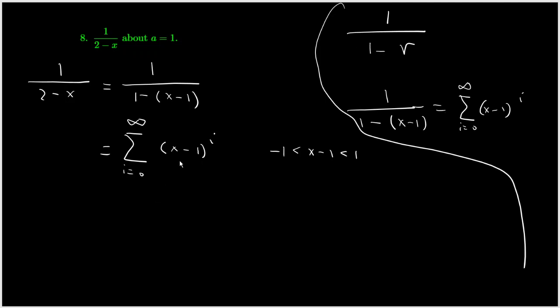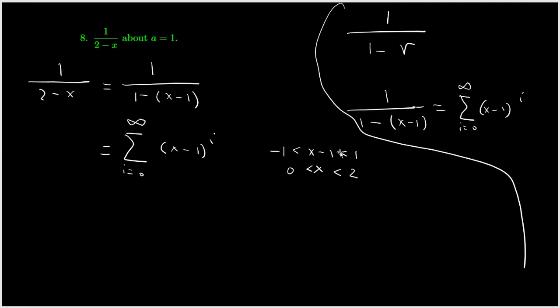That's the answer to the question. So that's the final form. But a little bit of additional work you need to do is to get the interval of convergence. This inequality is the same thing as x being in between 0 and 2.